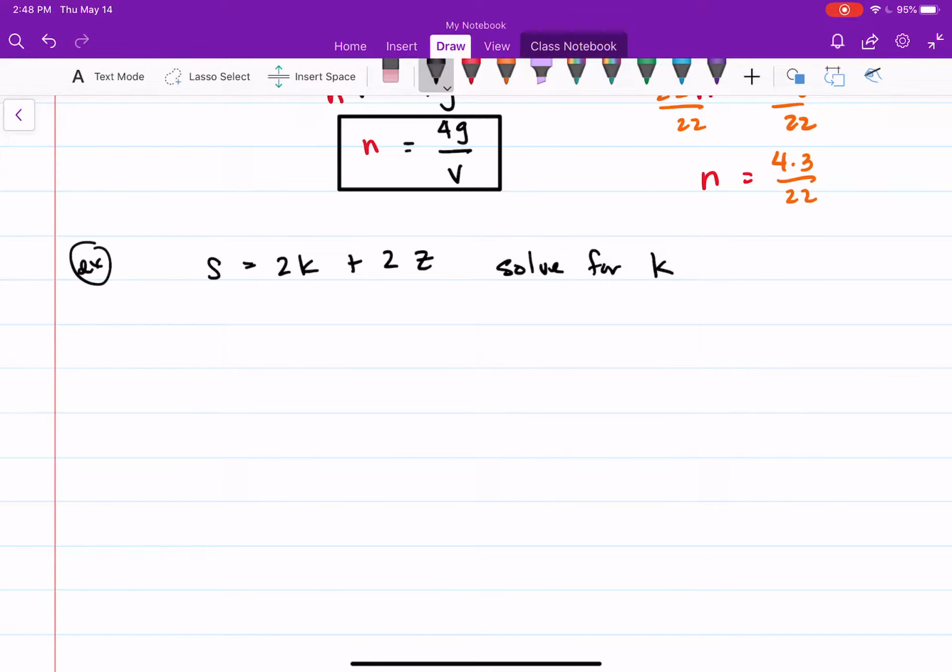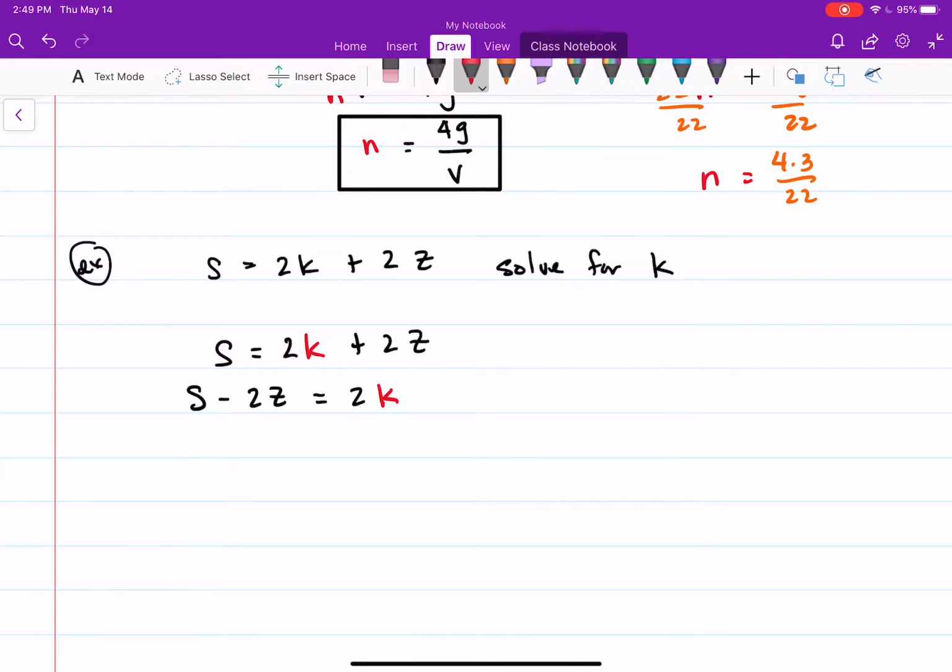So in other words, I have S equals 2k plus 2z, and I want to get k by itself. So what's attached to the k? The 2 is. What's attached to the 2k? The 2z. So what do I have to do? I've got to get rid of the 2z. And it's addition, so I've got to subtract the 2z. So I'm going to get S minus 2z is equal to 2k.